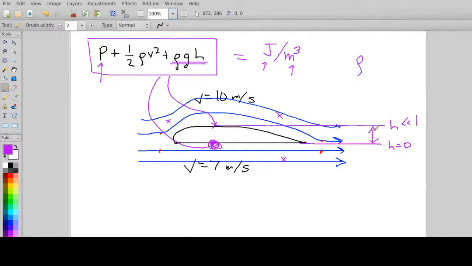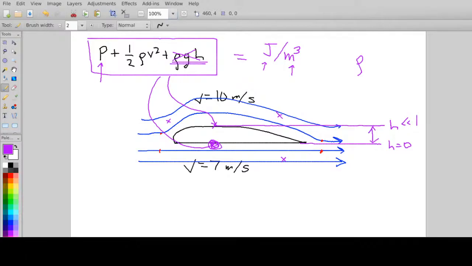Whenever in a problem you hear me say something like height is negligible, it just means you can ignore that term. Technically speaking, it's there, and if I told you the thickness, you should use that. But the difference in the heights is not going to contribute to anything, so we could just drop that term.